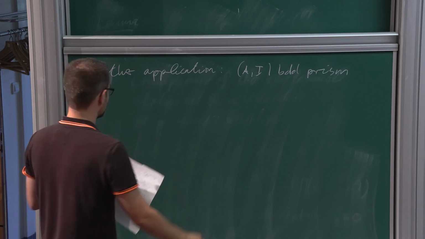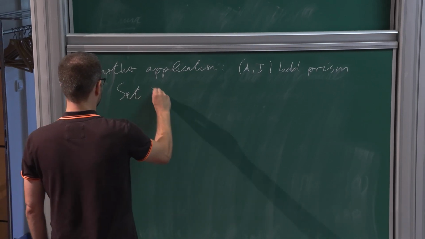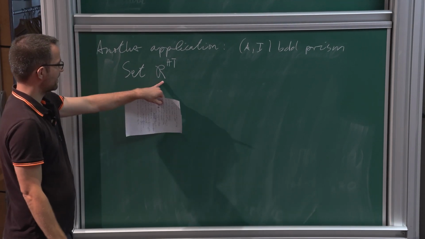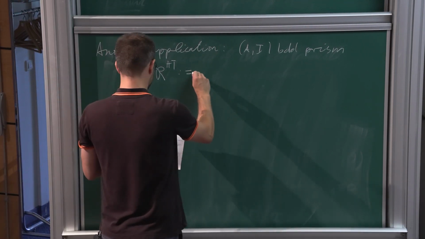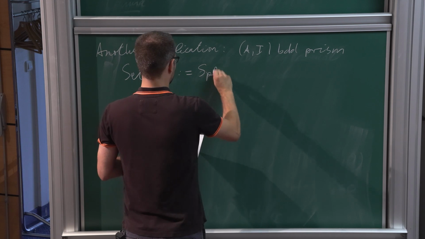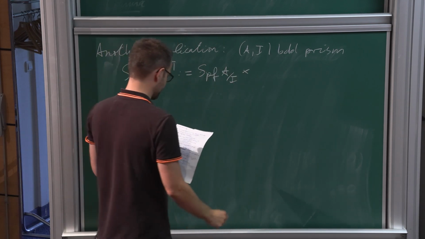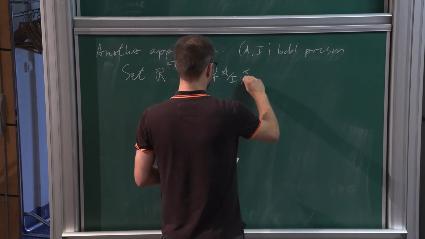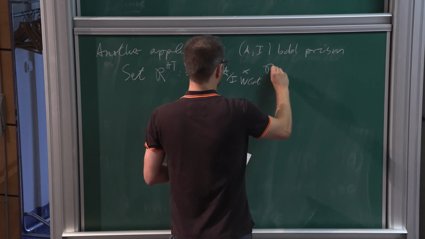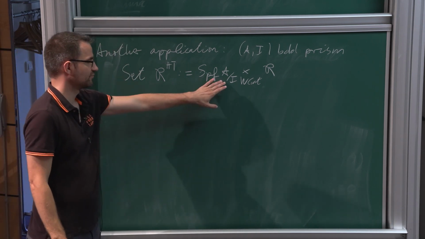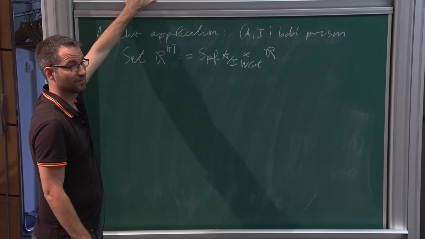And for this, what we should do is understand the ring stack R^HT, which is defined to be Spf of (A, I) fiber product over W_card with this ring stack R. So that's now a ring stack over Spf of A/I.